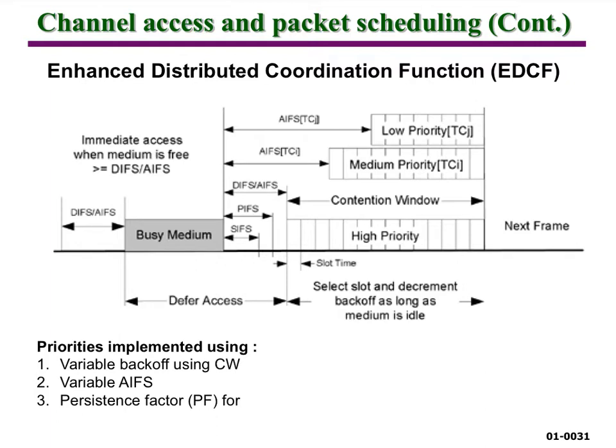And the shorter this AIFS is, the higher the priority of this node trying to access the medium. So each traffic category will have a certain AIFS. Traffic category 1 will have the longest AIFS, traffic category 2 will have less IFS, traffic category 3 will have even less AIFS, and so on and so forth, right?